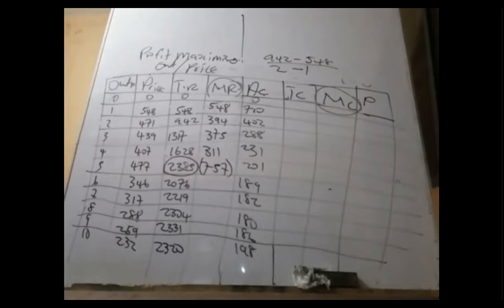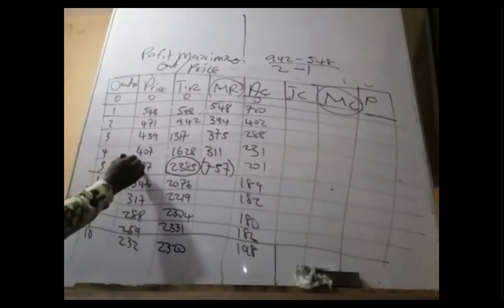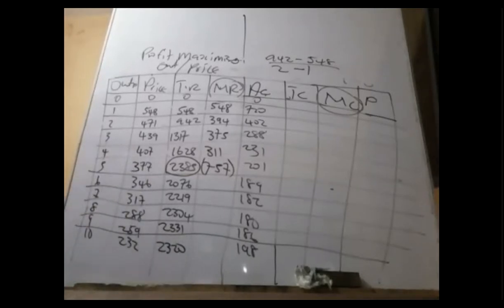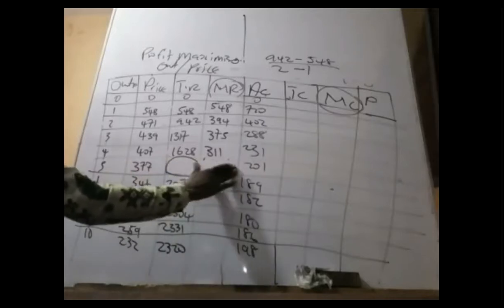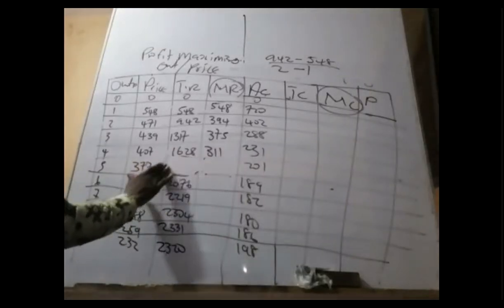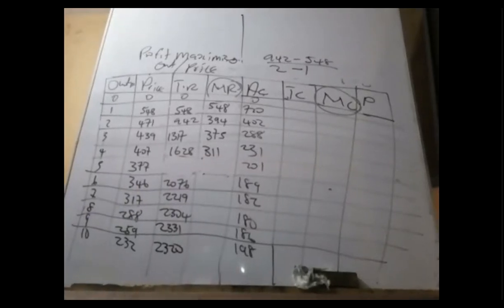In fact, there's an issue. It seems like I copied wrongly. Sorry. This one has to be 3. So this one has to be 377, not 477.